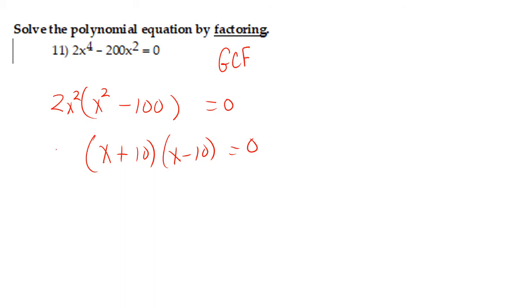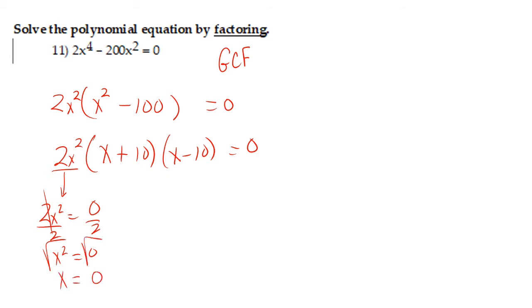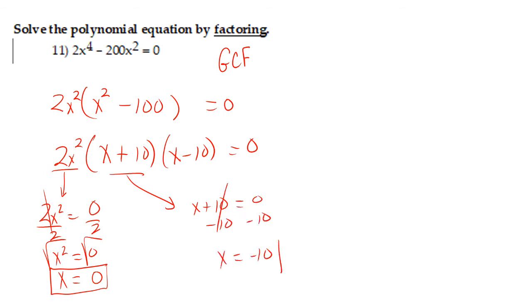So I bring all of my factors down and set each one equal to 0 and solve. So when I divide by 2, I have x squared equals 0. Take the square root, x equals 0. You don't need to worry about plus or minus with a 0. Then I take the x plus 10, set that equal to 0, and that gives me negative 10.